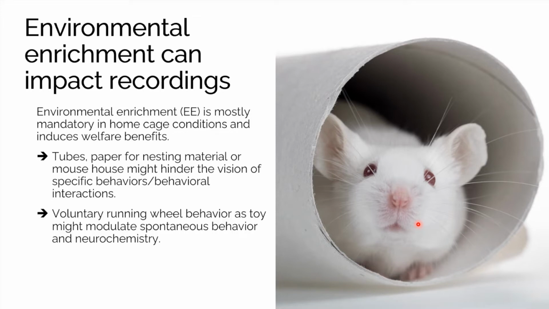A voluntary running wheel that can be used as a toy might also modulate spontaneous behavior and eventually neurochemistry. It is actually addictive. And the suggestion is to keep the environmental conditions constant across the experimental cages. So if you have, let's say, 16, try to keep the environmental enrichment constant.